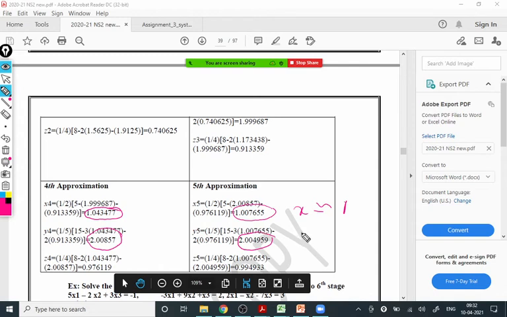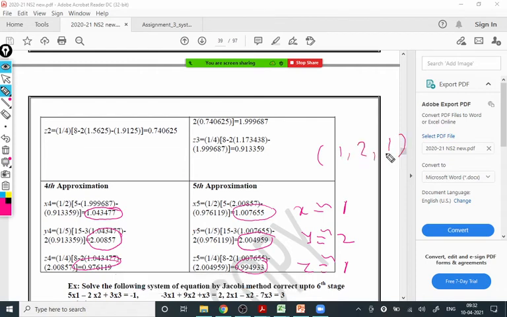So y is converging to 2. And lastly, here is z, and this is z. So z is again converging to 1. So approximately, the value of x is 1, y is 2, z is 1. So 1, 2, 1 is a solution for this system of equations by the Gauss-Seidel method.